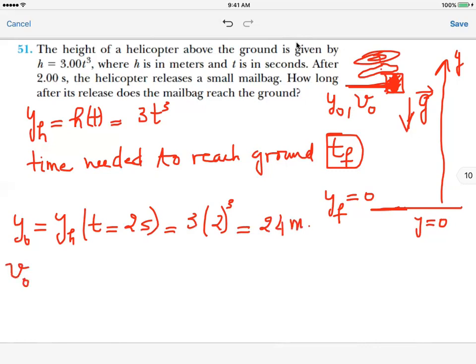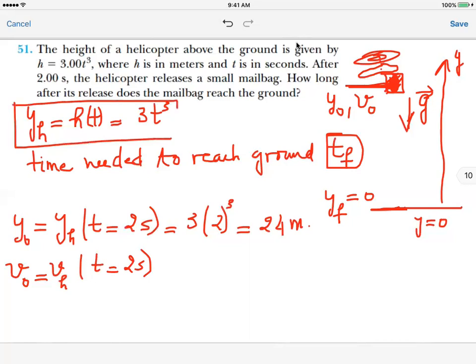In the same way, v0, the initial velocity of the object, is the velocity of the helicopter when it releases the mail bag, at t equals 2 seconds. But actually, we don't know the velocity of the helicopter. All we know is that it has this function of t for the position.